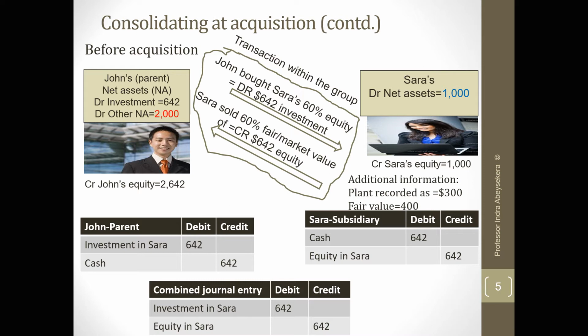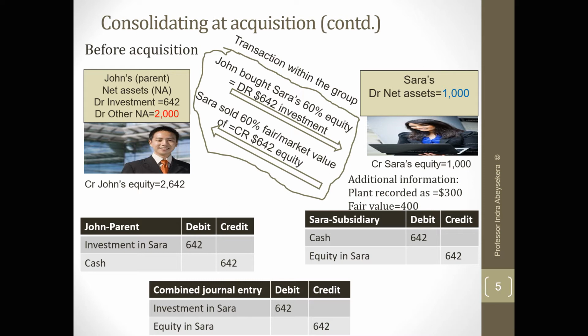Now, these are the entries that are recorded by individual companies. If we take the summary of this, the combined journal entry, the cash will net off: debit investment in Sarah and credit equity in Sarah.